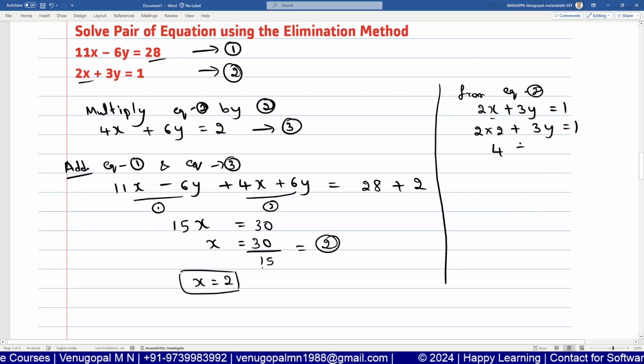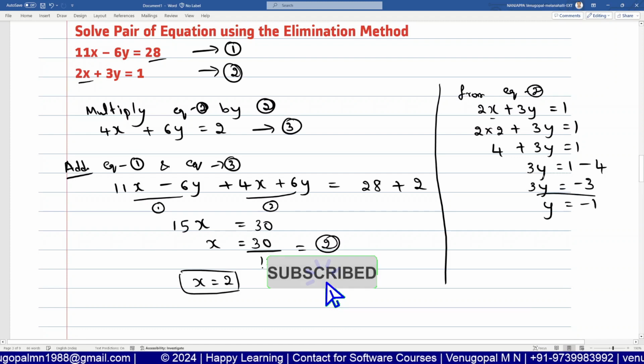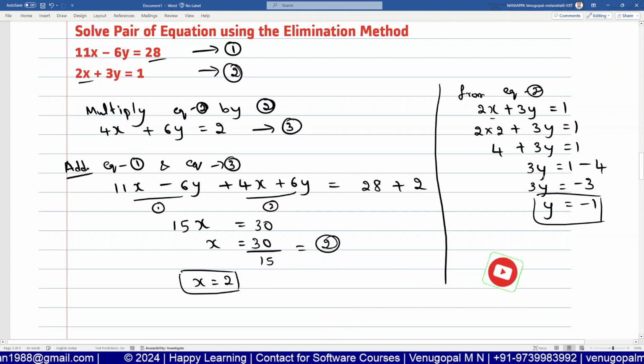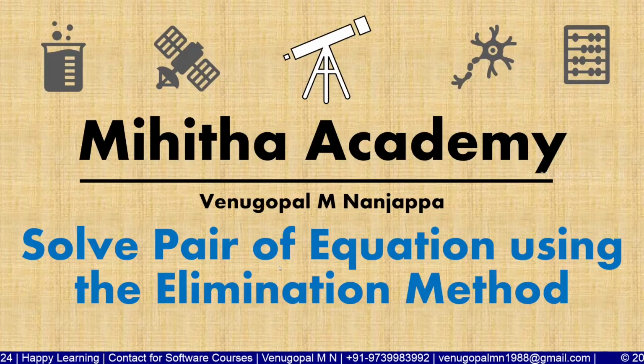So 4 plus 3y is equal to 1. 3y is equal to 1 minus 4, because we are moving 4 to the right hand side, and 3y is equal to minus 3, and y is equal to minus 1. So the value of x is equal to 2 and value of y is equal to minus 1. We have found out the value of these two variables using an elimination method.